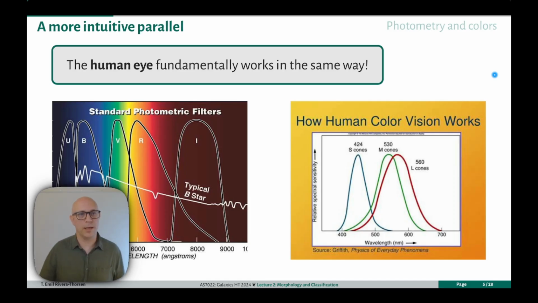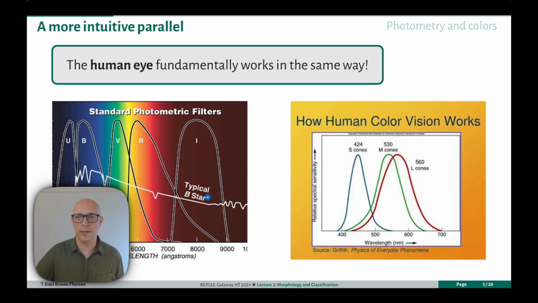The human eye actually works in a way that is very similar to how this works. I have here two figures where you see the standard photometric filters from before on the left side with a typical B-star spectrum overlaid.